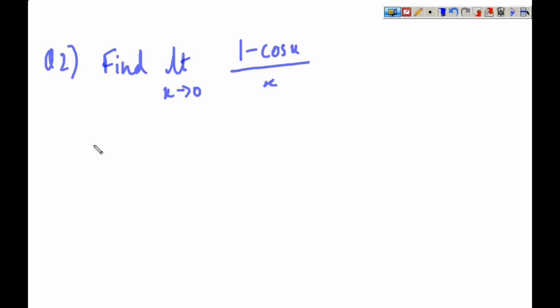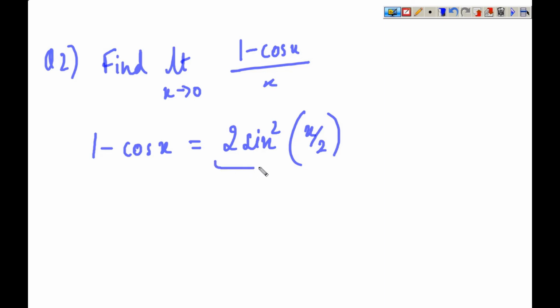There are many trigonometric identities, and I have taken one which is suitable for this question: 1 minus cos x equals 2 sin square x by 2.